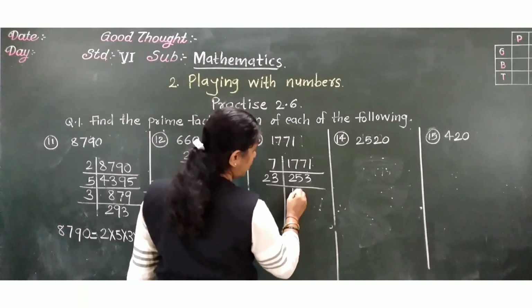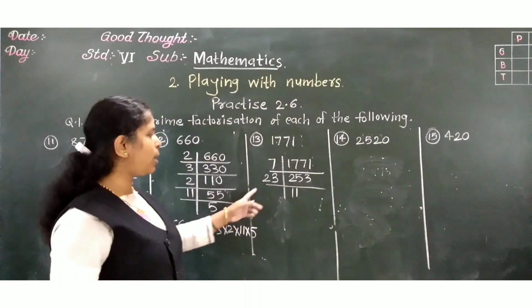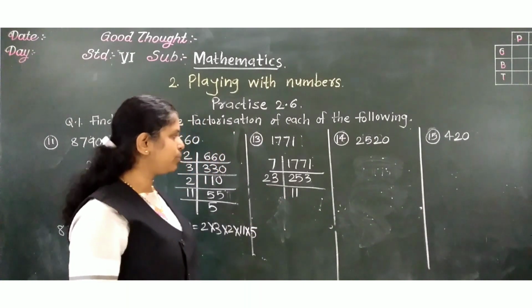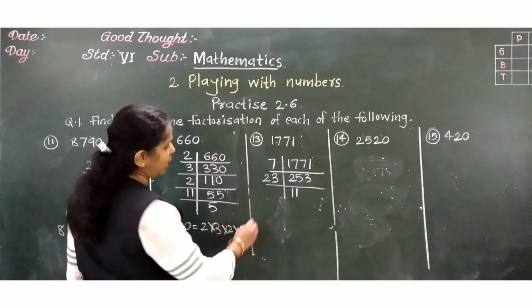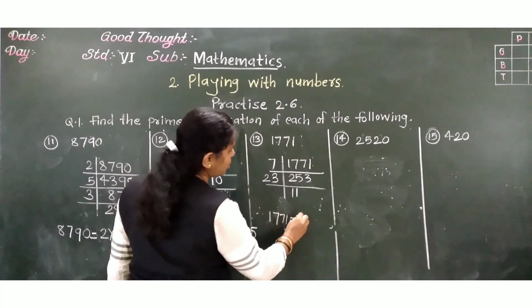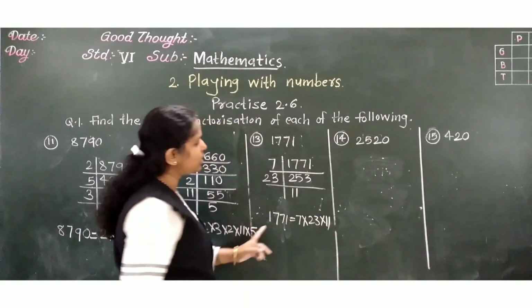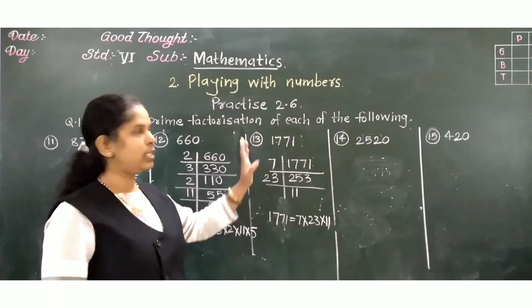Again 23 ones are 23. Or we can divide it by 11 also. Okay. So therefore 11 is a prime number. So 1771 is equal to 7 into 23 into 11. This is the prime factorization of this.